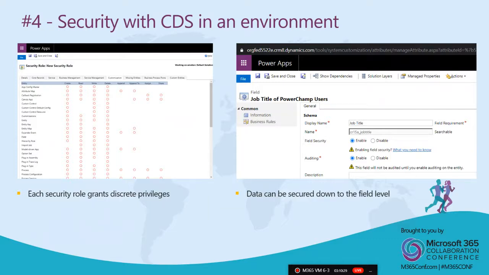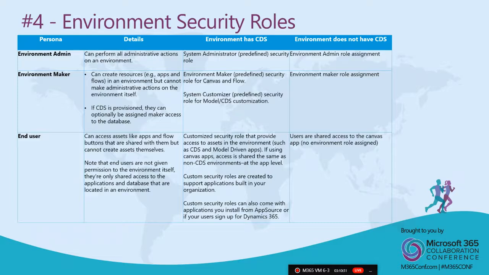Now, in the fourth point also, as I said, there are environment security roles. This table says nothing but how the same level of security is considered in a different persona. For example, whether the environment has a CDS instance or doesn't have one. The environment admin, as I said, will be the system administrator security role in an environment which has a CDS.